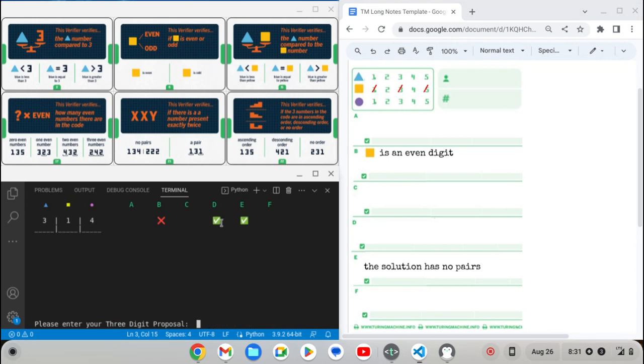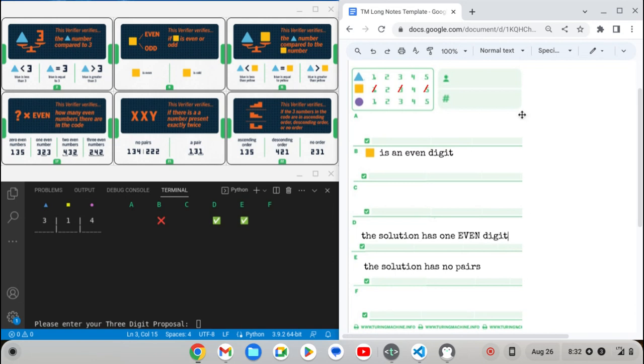Okay, so in this case, the Turing Machine does approve of my proposal. I do have 2 odds to a single even, and the Turing Machine agrees that there should be only 1 even digit. So let's go ahead and type that up in our notes in section D: the solution has 1 even digit.